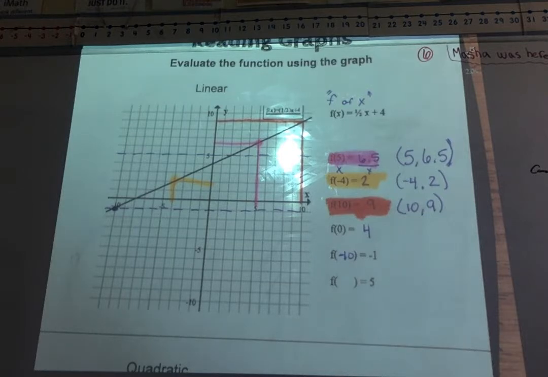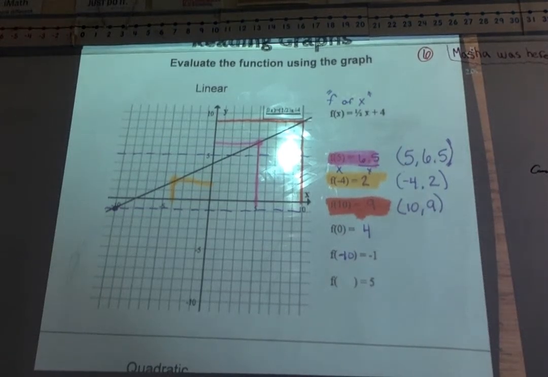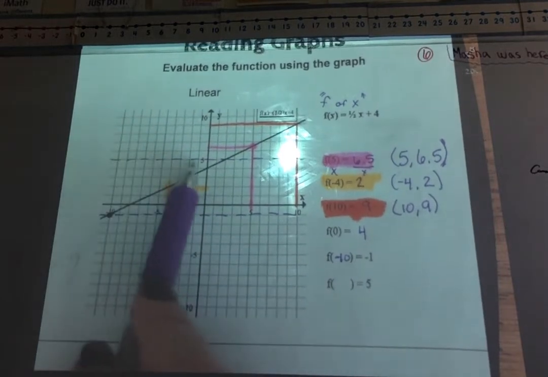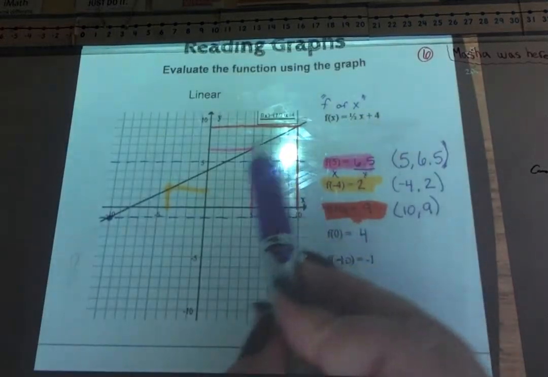Sue, do you need to ask a question? So this is 5. Where does my bold diagonal line cross that dotted line for y equals 5?